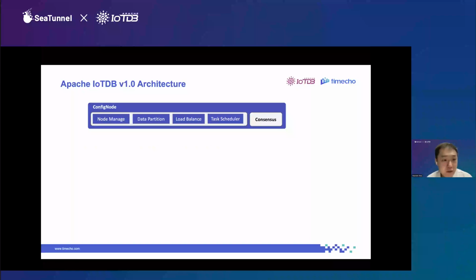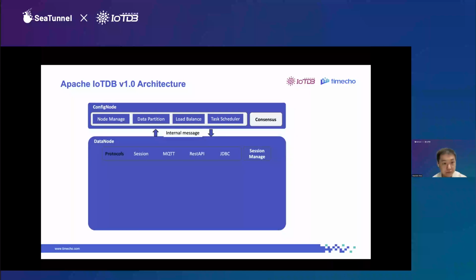And we have some config nodes which contain the node manager, and for data partition, load balance, task schedule, and the consensus. And for data node, we have some protocols. We have session, MQTT, REST API, and JDBC to connect the client.